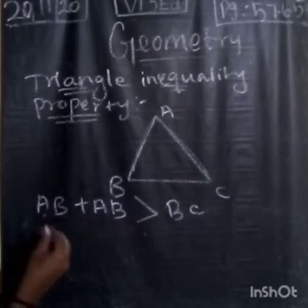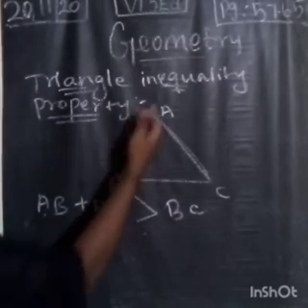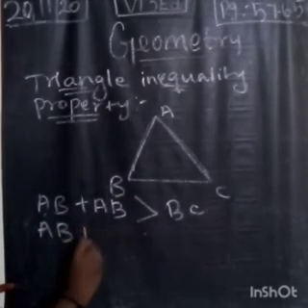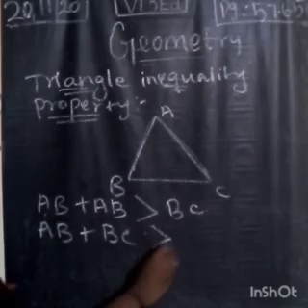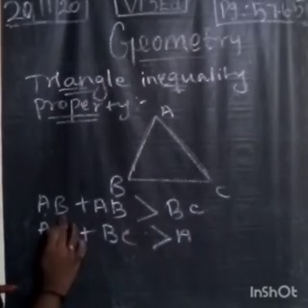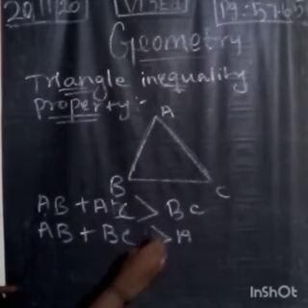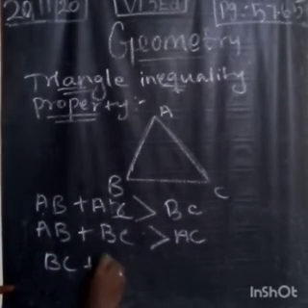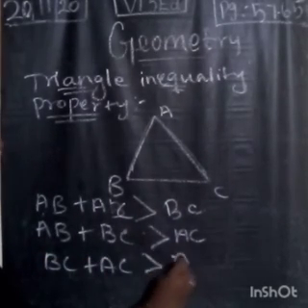And then AB plus BC is greater than AC, and then BC plus AC is greater than AB.